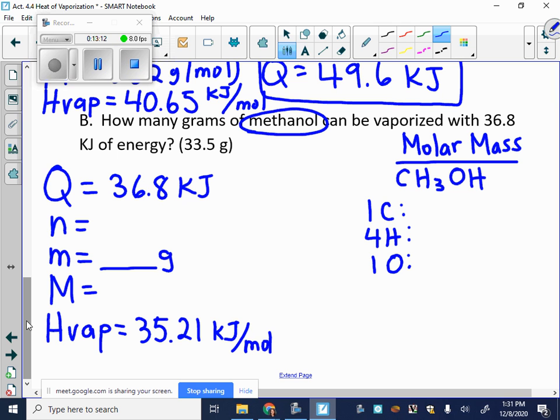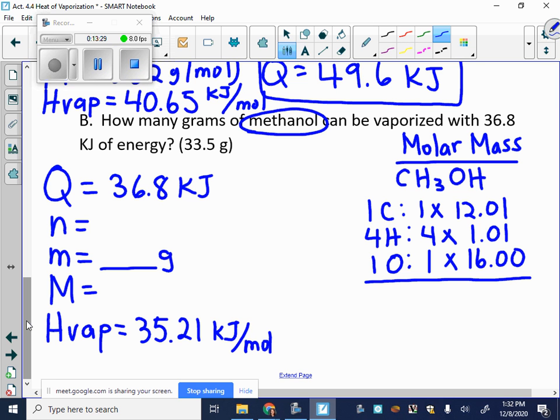All right, we've got 1 carbon is 12.01, 4 hydrogens at 1.01, and 1 oxygen at 16.00. So our molar mass of methanol is 32.05 grams per mole.